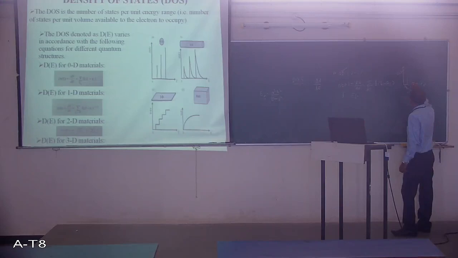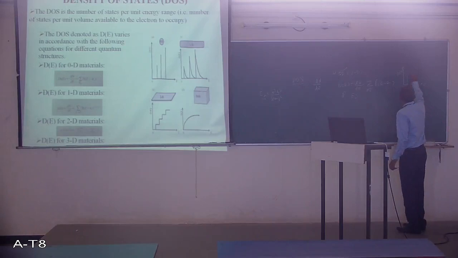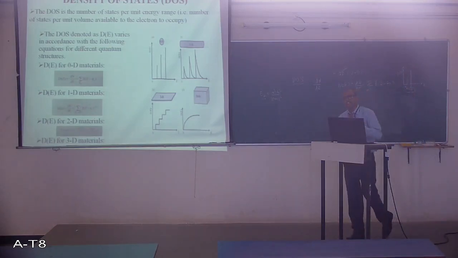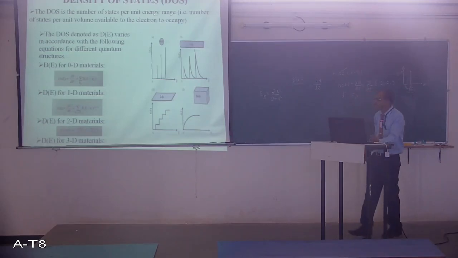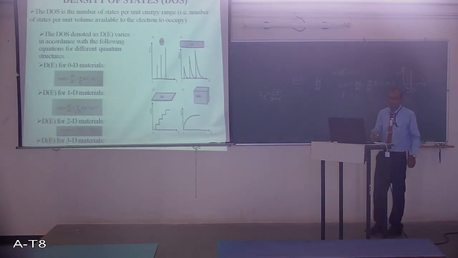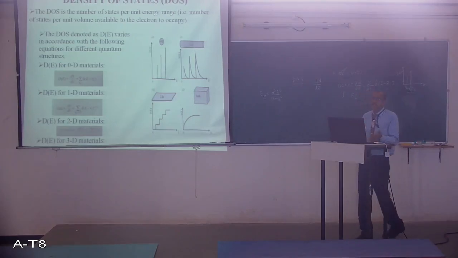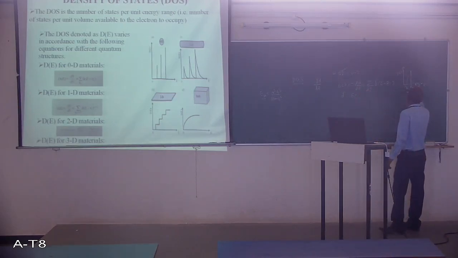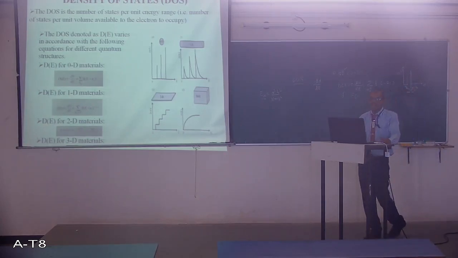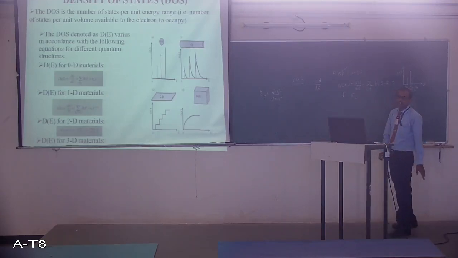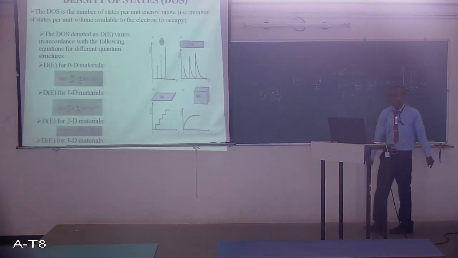At quantum number n is equal to 2, in the E2 level, the density of states increases as compared to the quantum number n is equal to 1, that is the minimum quantum number. Next, as quantum numbers go on increasing to the higher energy states, that is E3, the density of states increases as compared to E1 and E2.